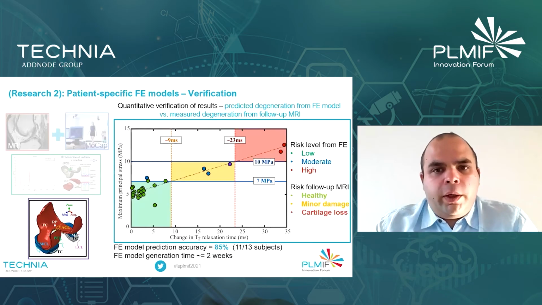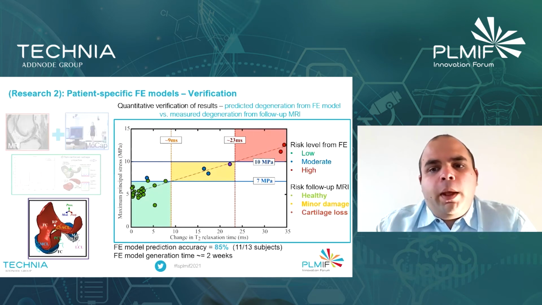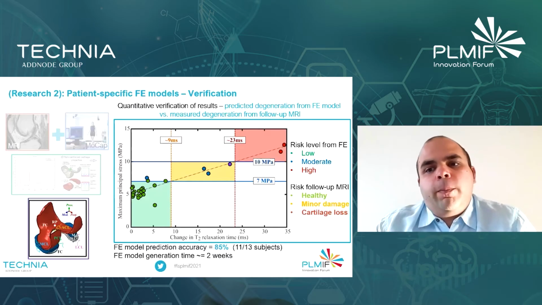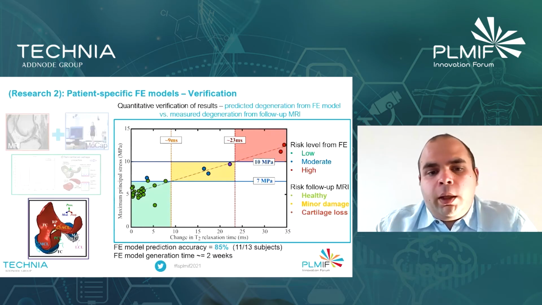Even going a bit further and adding even more patients, you look at the predicted degeneration versus the measured degeneration from MRI, and you can essentially assign risk levels from the finite element model that match the risk levels from the MRI. So in 85% of the subjects, we managed to predict what was happening. And the model generation time is usually around 2 weeks.